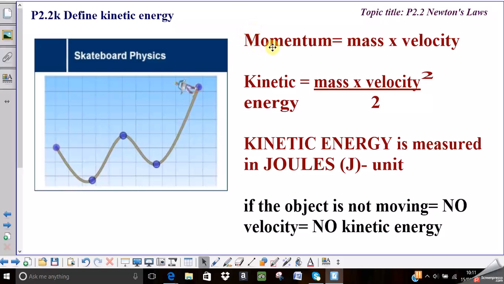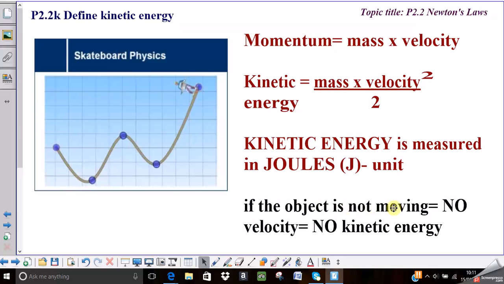So the difference between momentum and kinetic energy is that part of the formulas are the same, just the kinetic energy gets a fraction line divided by 2, and it has a square for velocity. Kinetic energy is measured in joules. Kinetic comes from the Greek kinetikos, which means motion.